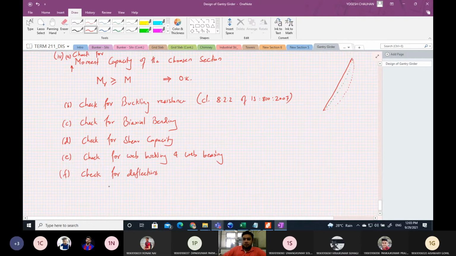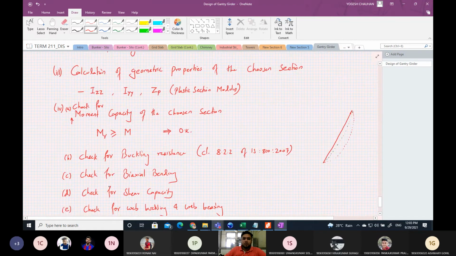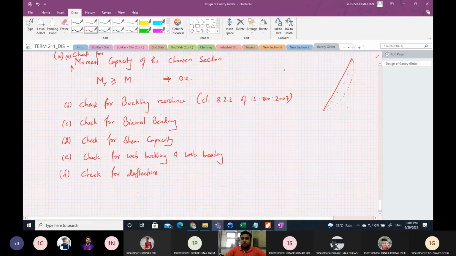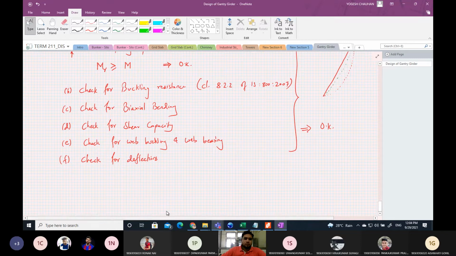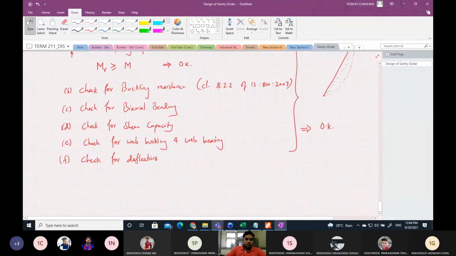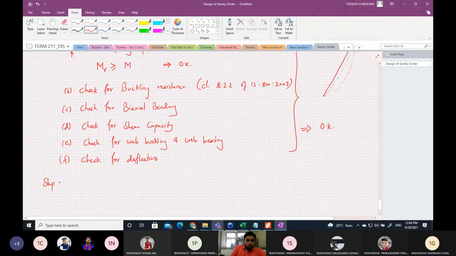And finally, if all these checks are satisfied, then we provide the detailing. That is our step 5, design of welds.